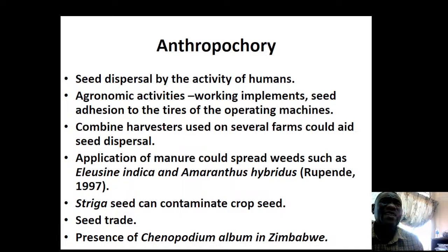Dirty seed can contaminate crop seed, and if we sell that seed due to seed trade, we end up spreading these weed seeds. Actually, the presence of Chenopodium album which we find today in Zimbabwe came through wheat seeds from Europe.